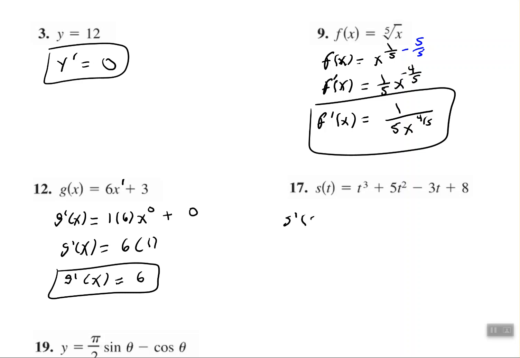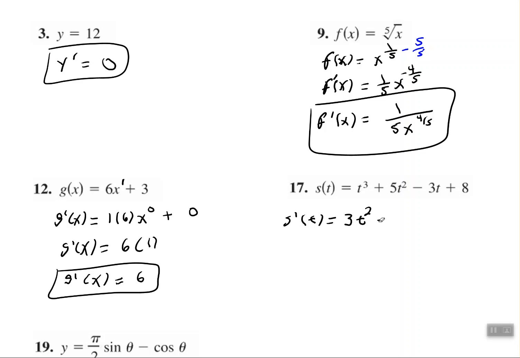So s prime of t, for the first one, t to the third, multiply by the exponent and then subtract 1, so 3 times t squared. You could use the limit process for all of these, but that would make these problems a lot longer, so make sure you learn your rules. This right here is basically a shortcut for what we did in the previous lesson.